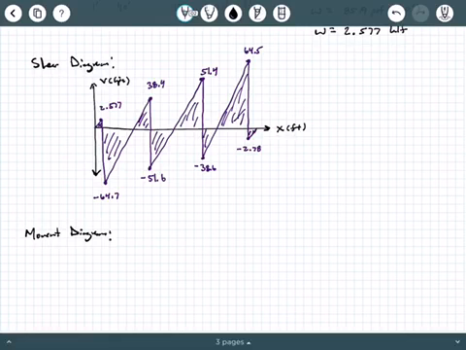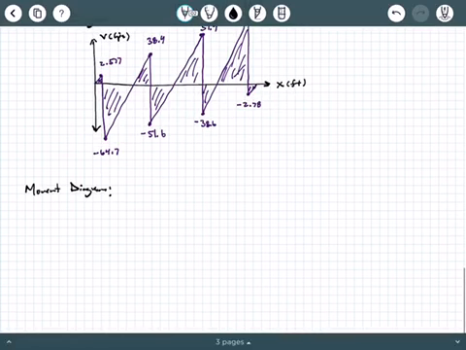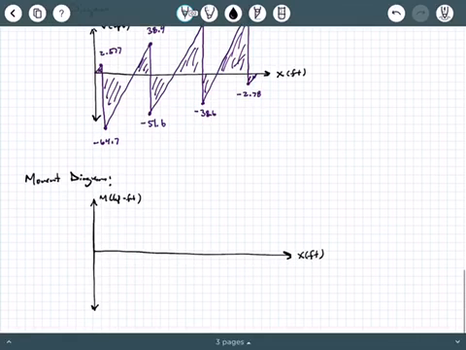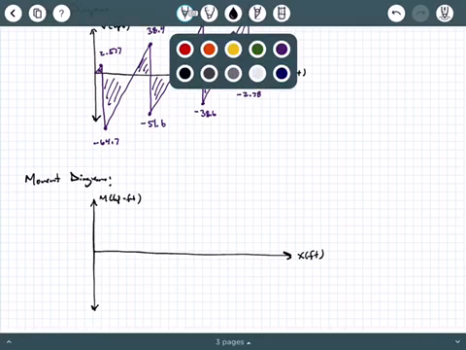Moment diagram. Now, the moment diagram for a system like this is going to be quadratic, right? Because the shear diagram is linear everywhere. So we're going to have a moment diagram in kip feet. Here's our x value in feet. And again, we have to be careful with our dimension lines here, okay?